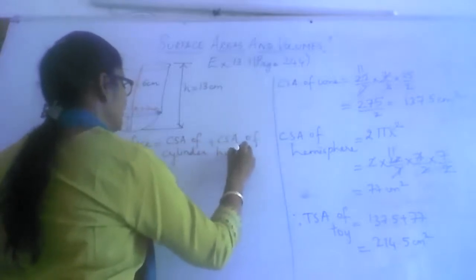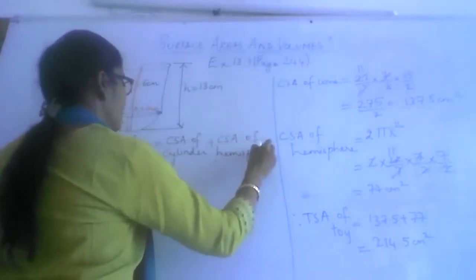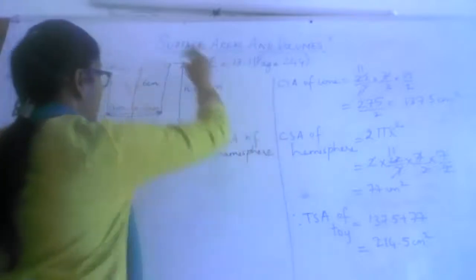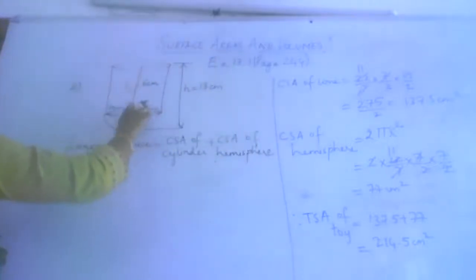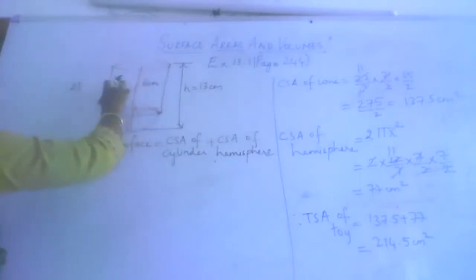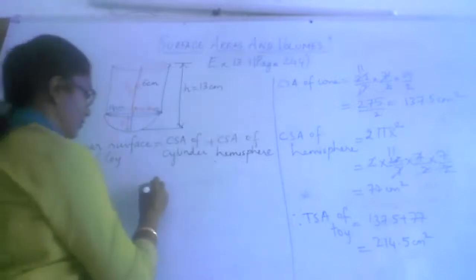Are you able to imagine this? If you look at the toy inside, you will see this curved surface and this curved surface. This is the curved surface of the cylinder and this is the curved surface of the hemisphere. So substitute the formulas and then find out the total inner surface area of the toy. If you want to do it separately, you can do it. Otherwise, just substitute here only.